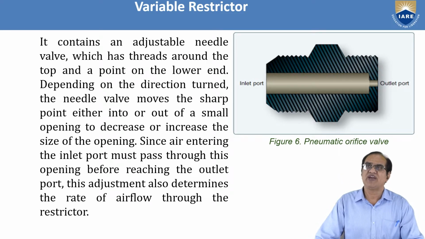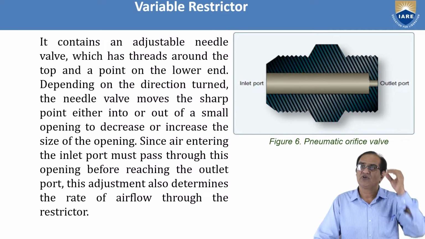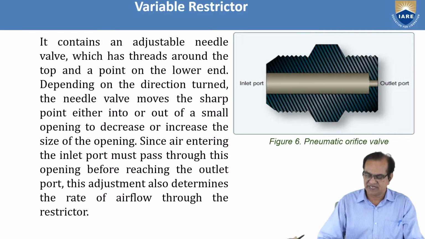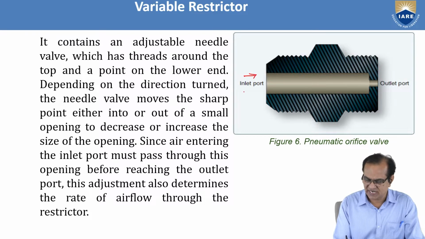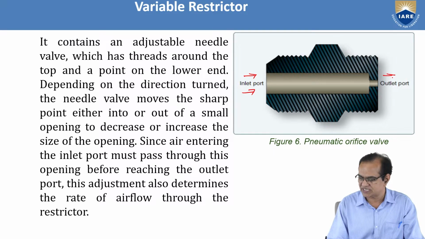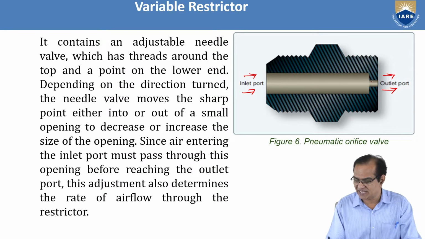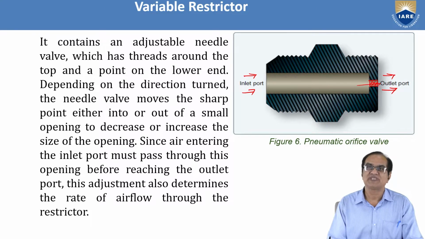Next component is variable restrictors. It is an orifice type valve, and here is the inlet from this side and the outlet from this side. If you can see here, this area is very small, so it will restrict the flow as per this area.